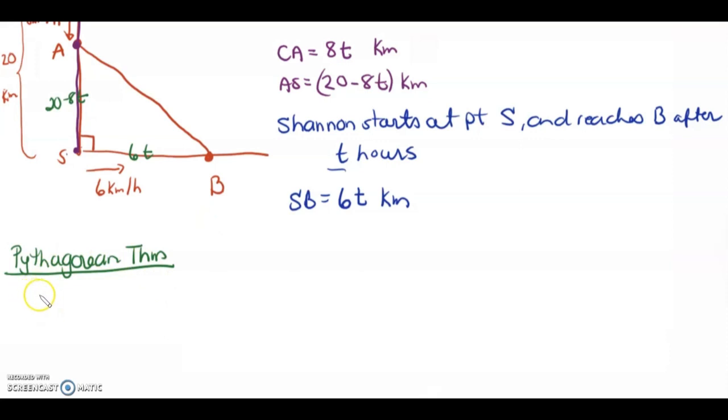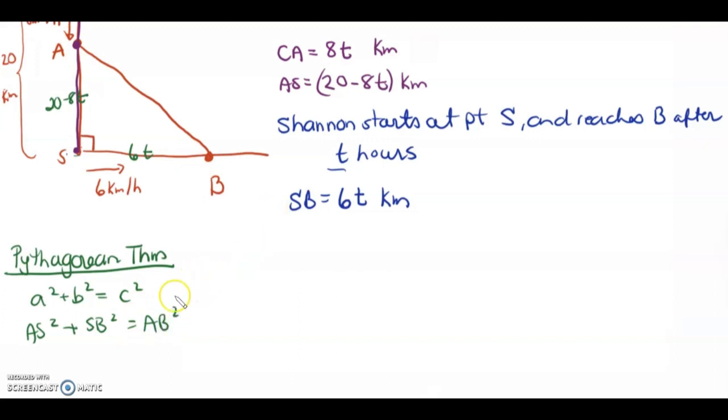So we know this is generally a squared plus b squared equals c squared, right? C squared is going to be our AB. So a squared, let's call that AS squared. B squared, let's call that SB squared. And then our c squared is going to be AB squared.